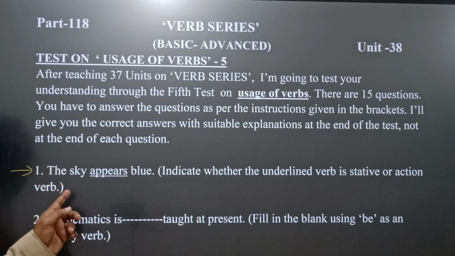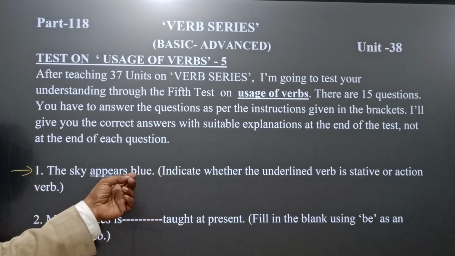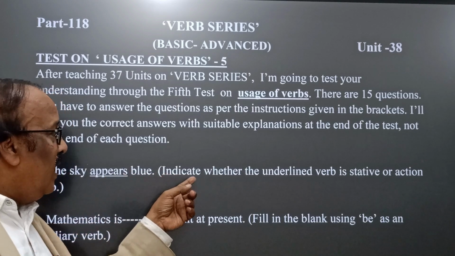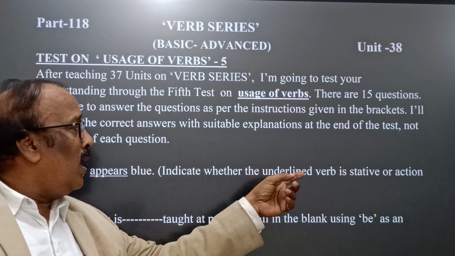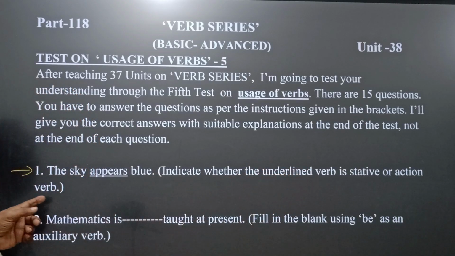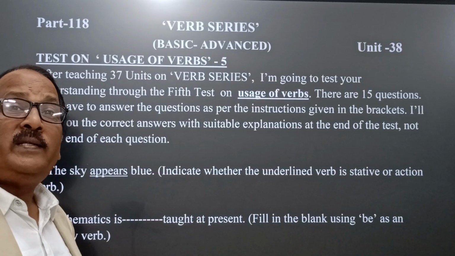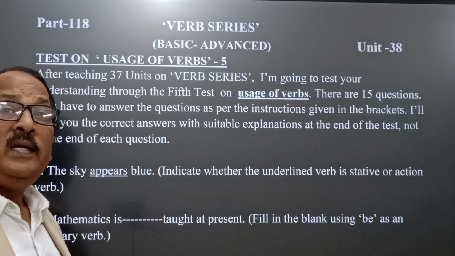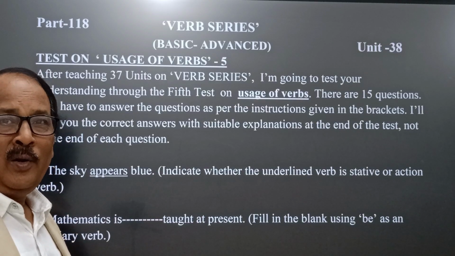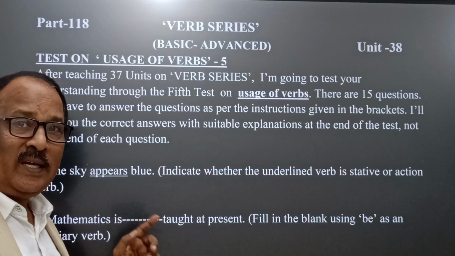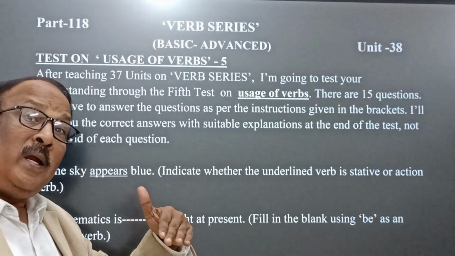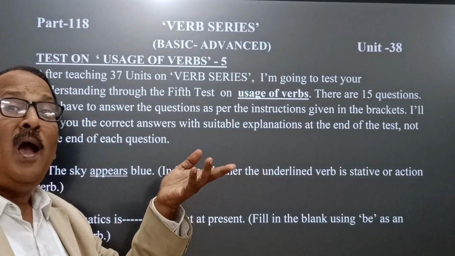Question number 1. The sky appears blue. Instruction: indicate whether the underlined verb is a stative or action verb. We know that a stative verb indicates a state or condition of the subject and an action verb indicates any action.